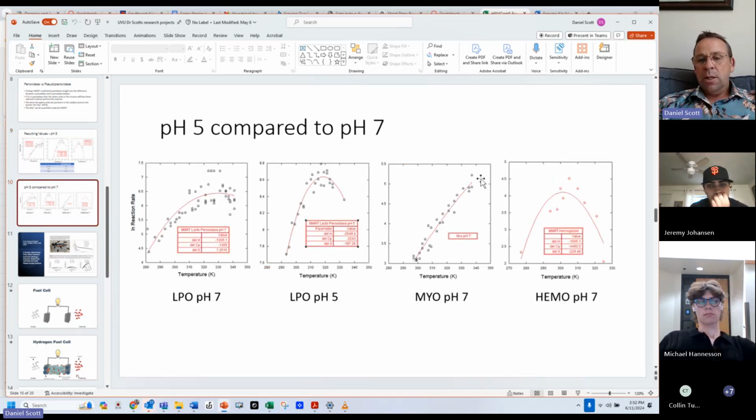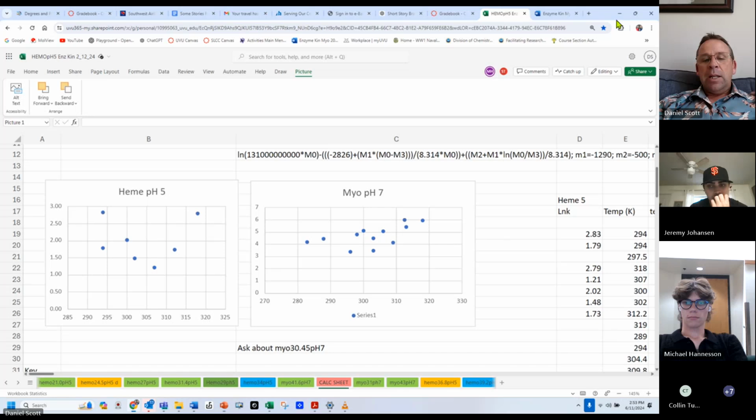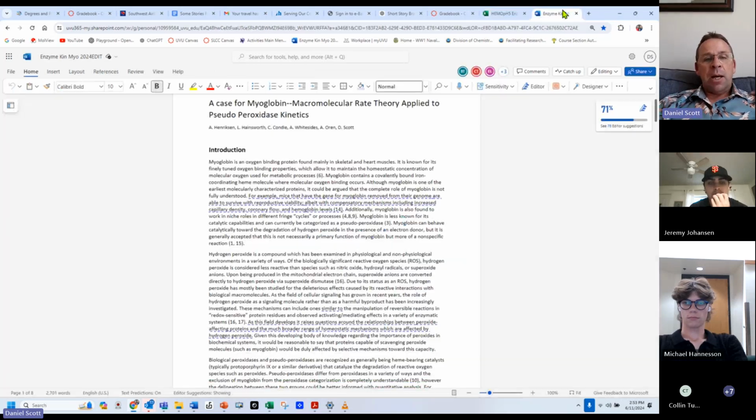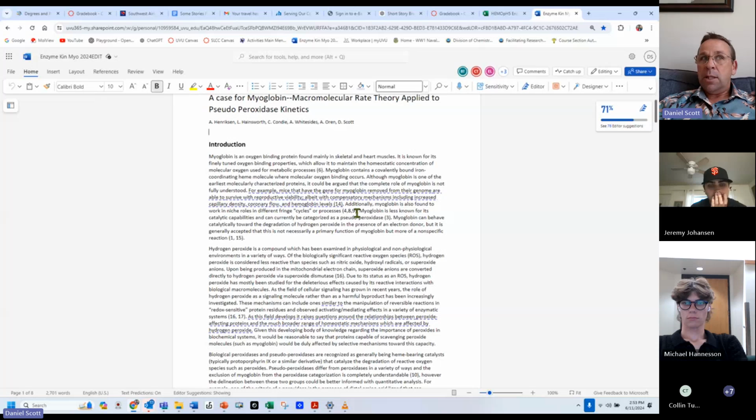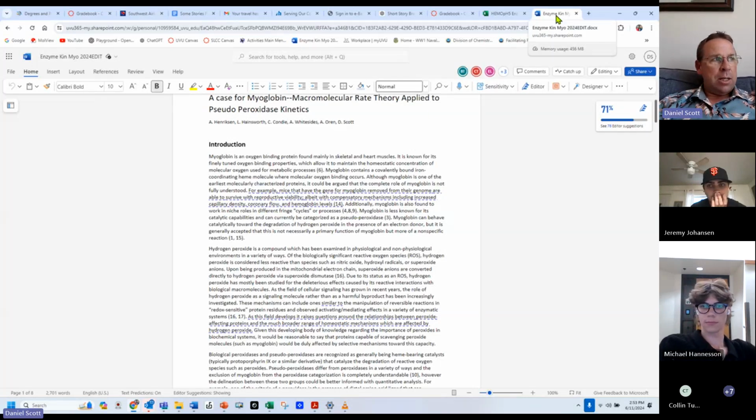It seems like it shouldn't be linear. But if that's what we see, we're not going to keep forcing it into something that it's not. So does that make sense, Colin, in terms of being ready to pivot if we need to, if we don't get the heme pH 5 data to work?